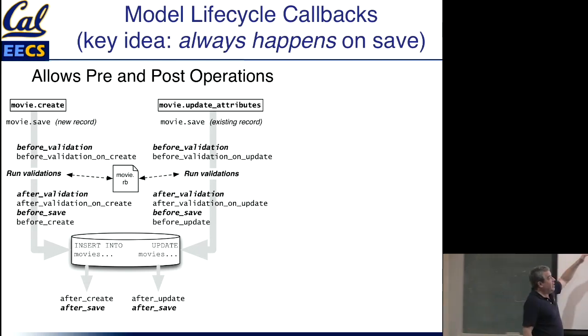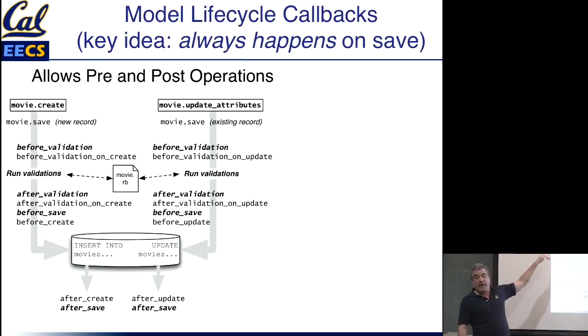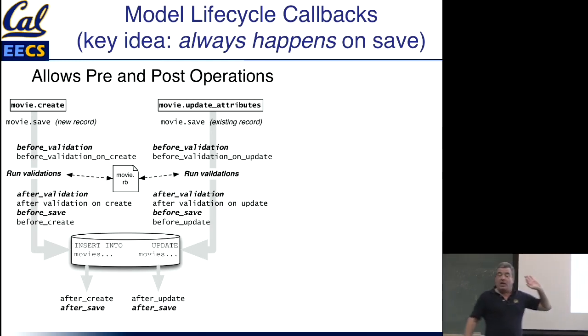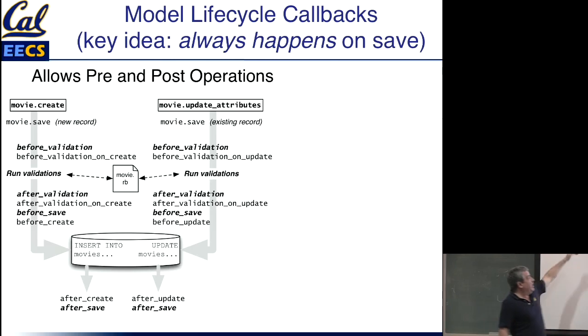So essentially, unless you specifically override, which I don't recommend, Rails will not let you save an invalid object into the database, whether it's a newly created one or the update of an existing object. Because the validations will run, and if they don't pass, the save does not happen.